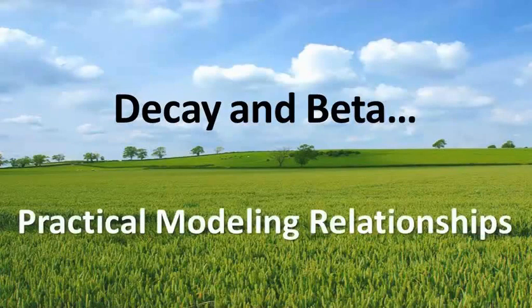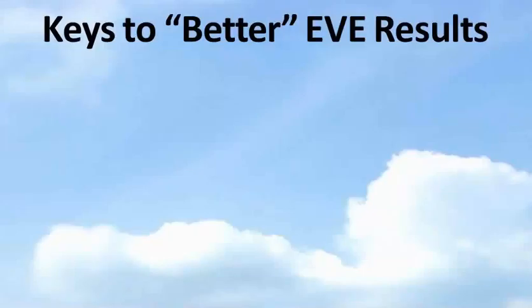Now, if we take decay rate and beta, because we've walked through both of them now at some point, what we really are interested in are a few of the practical modeling relationships that they're going to tune you in for.